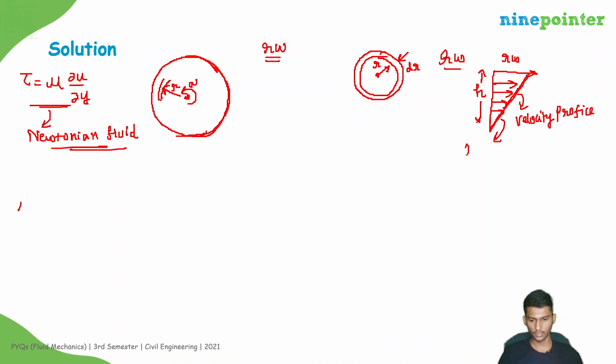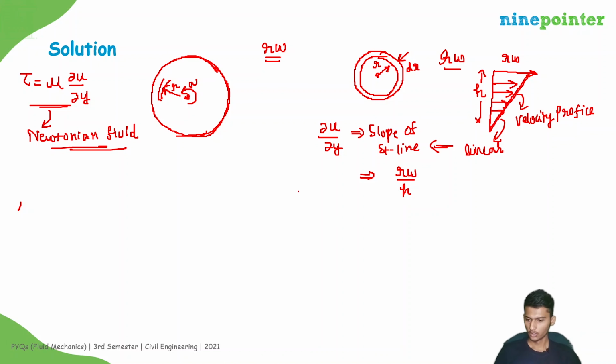So this is linear. So dou u by dou y will be the slope of the straight line. That will be equal to r omega divided by h, right?